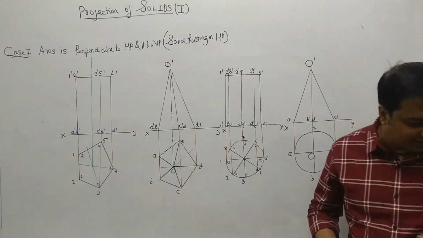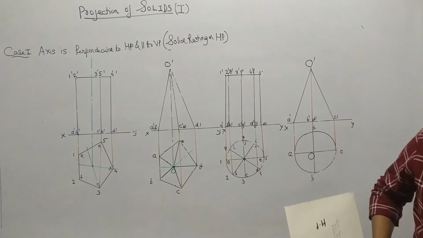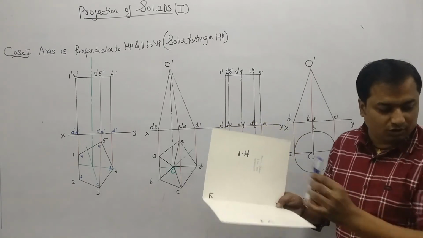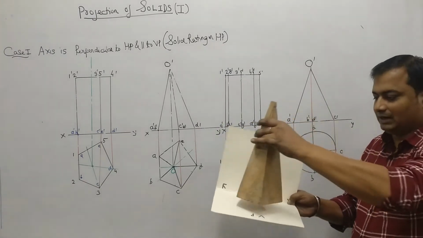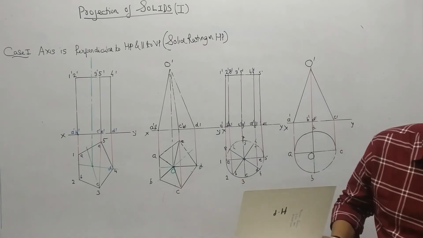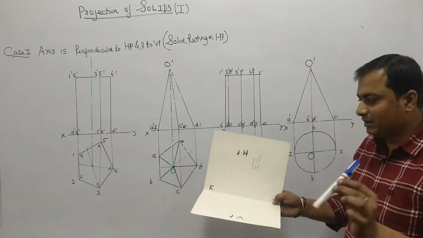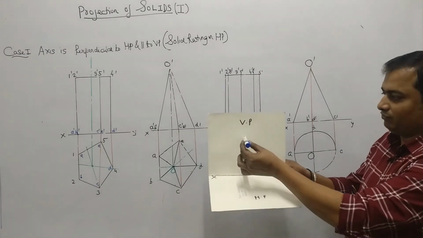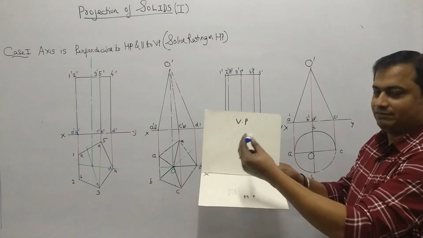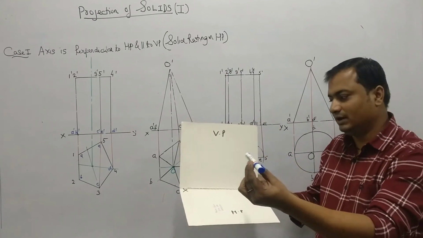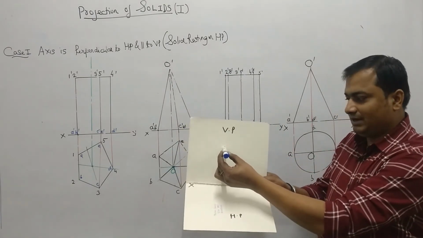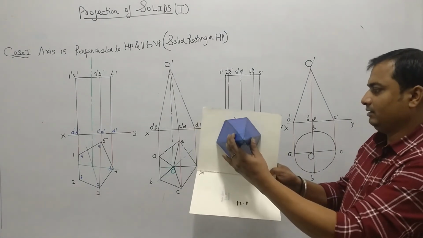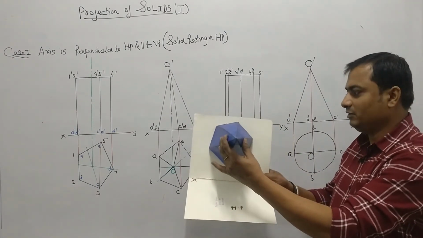Now the second case, if I just reverse it. In the first case the axis was perpendicular to HP, so all the solids were resting like this. In the second case, if the axis is perpendicular to VP and parallel to HP, then all the solids will be resting like this on the VP.